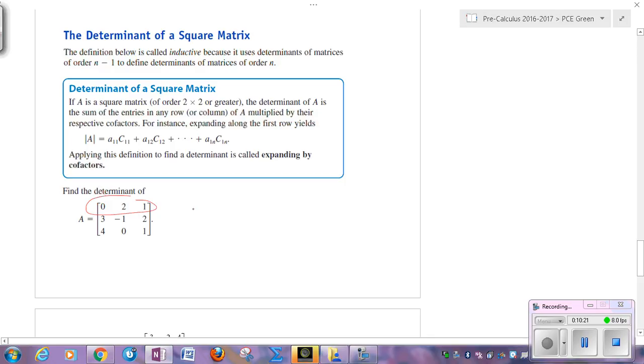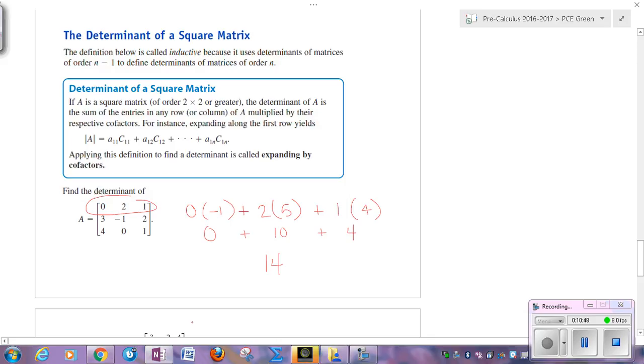So you do 0 times -1, so that 0 is from the matrix, the -1 is the cofactor. Then I'm going to add the 2 from my matrix, the 5 is my cofactor, the 1 from my matrix, and the 4 is my cofactor. So then I'm going to multiply those. So 0 plus 10 plus 4. So that's going to give me 14. So the determinant of that matrix is 14.